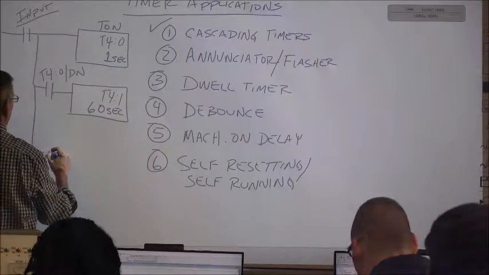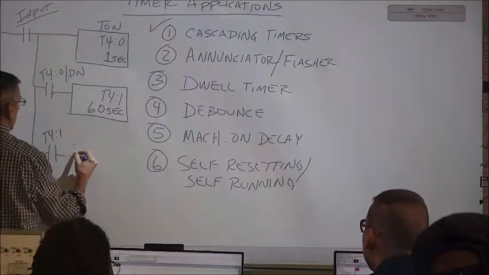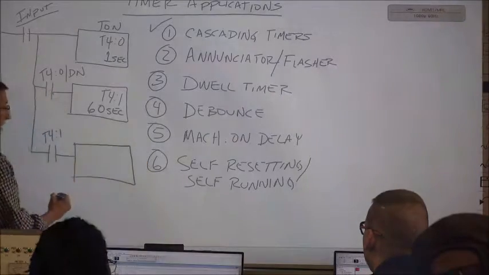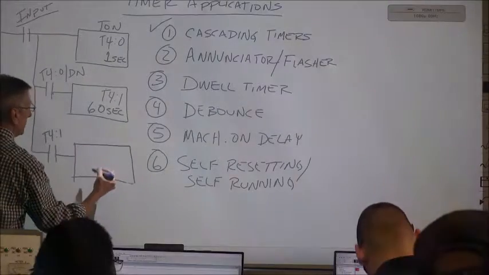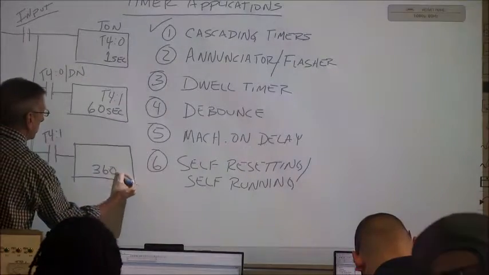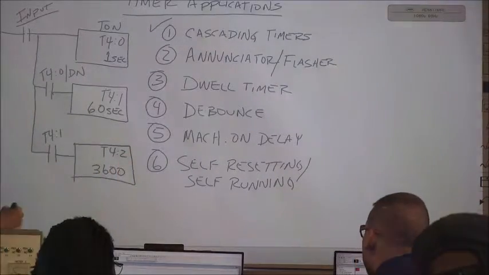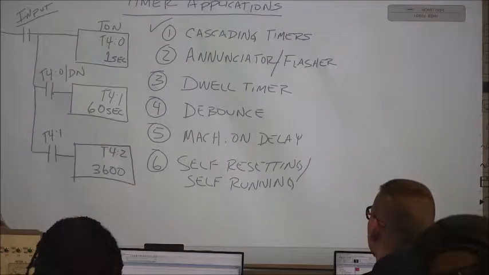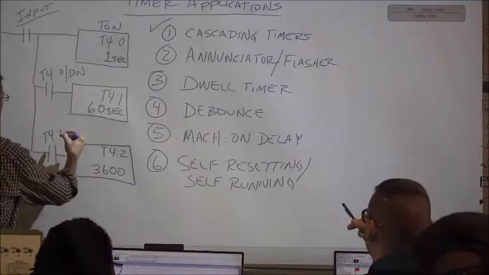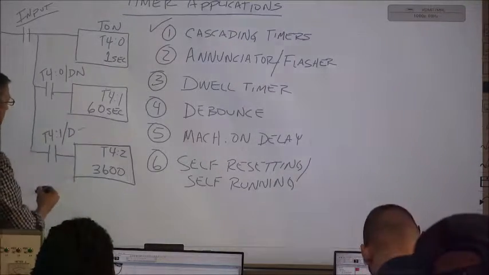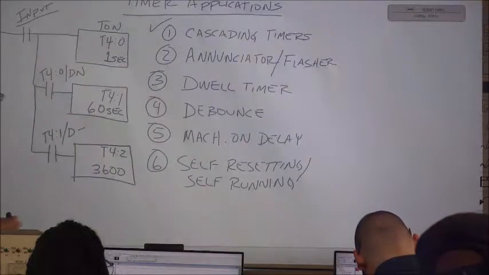And what do you think the next one could be set up for? Seconds, minutes, hours, yeah, 3,600. Everybody kind of see what's going on there? Should that be T42? This T40 would be T41 done. Yes, that way when this timer gets done, it starts timing the next timer.